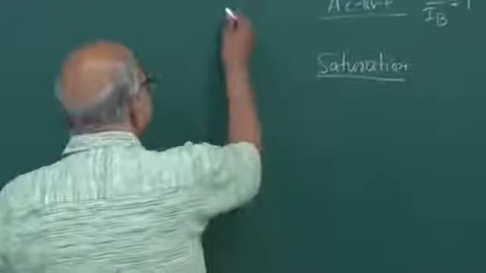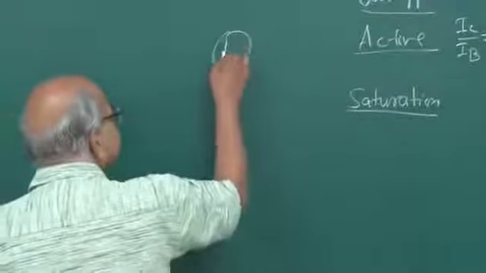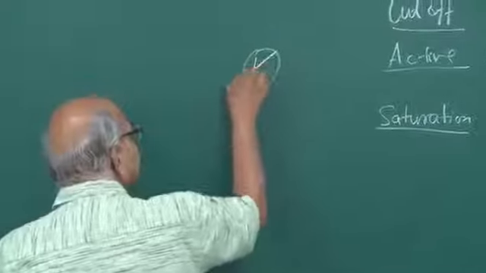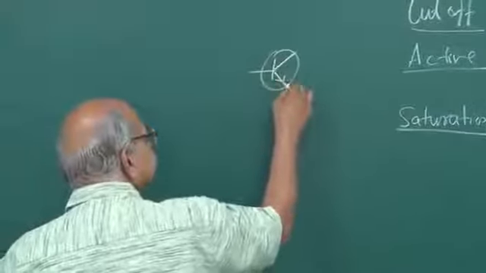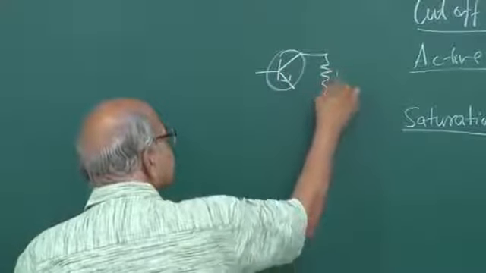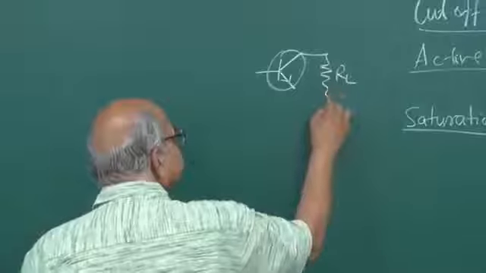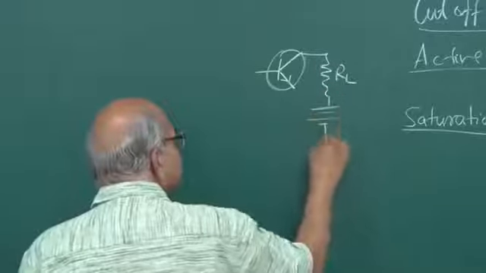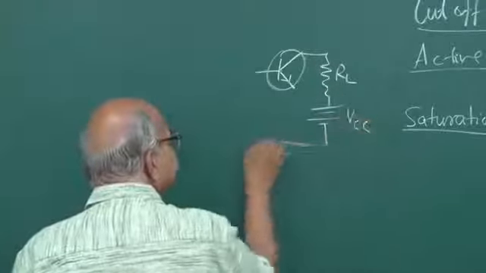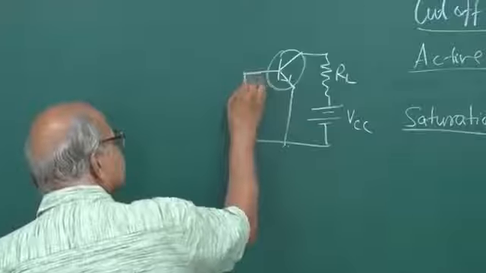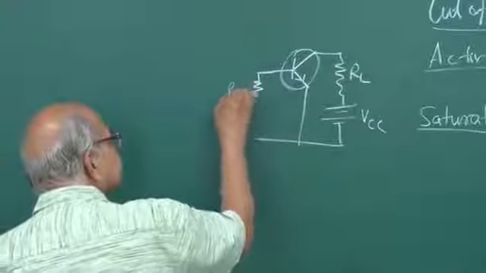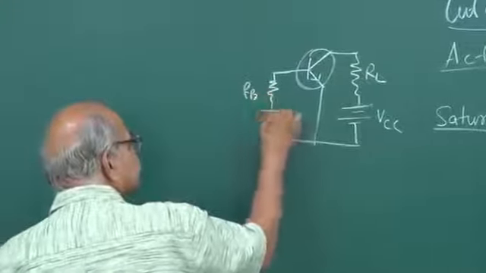Remember our figure. You have this load resistance RL, and then you have this biasing VCC. This side you have RB and this VBB.